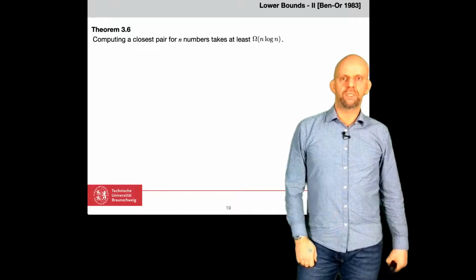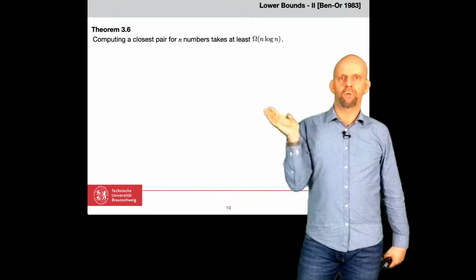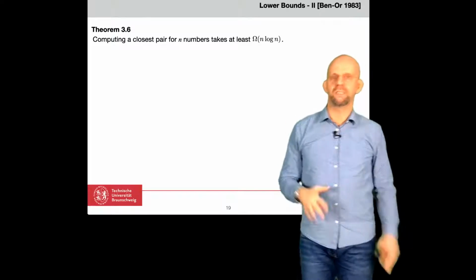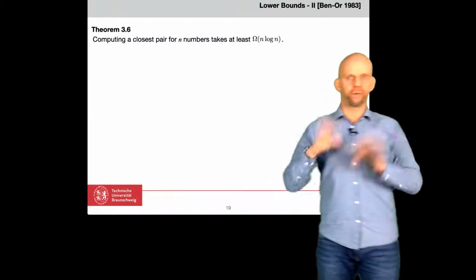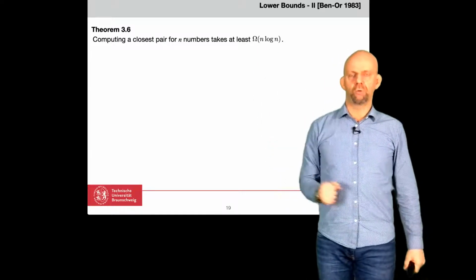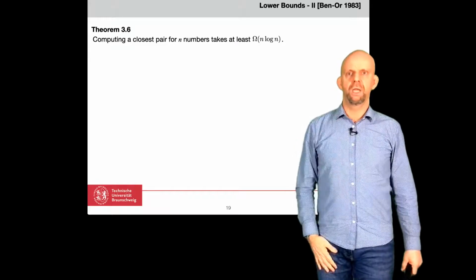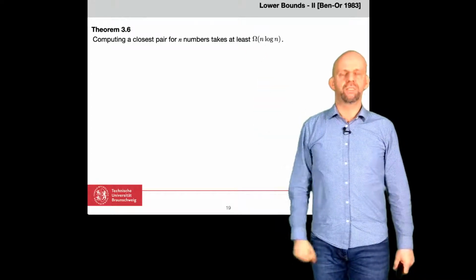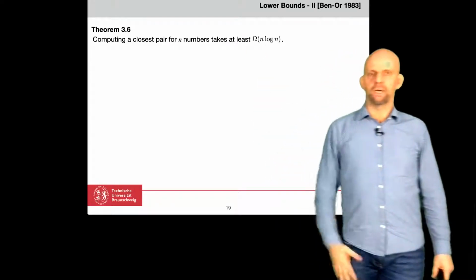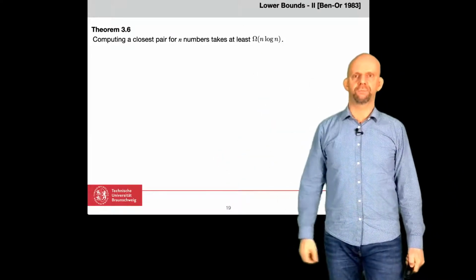In other words, regardless of your fancy recursions, regardless of your fancy applications of the master theorem, regardless of computing medians in linear time and so on, you cannot hope to do this fundamentally better than sorting. And that's of interest to us, again, because then we don't have to worry about it once we get an n log n algorithm.